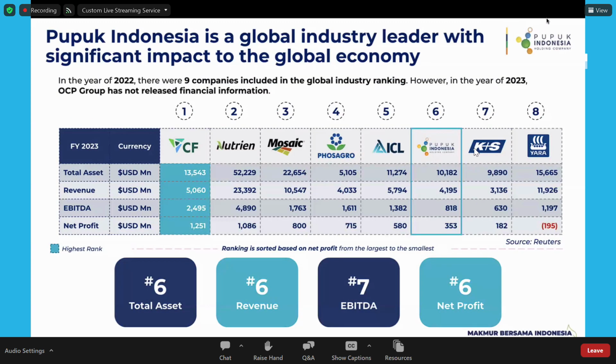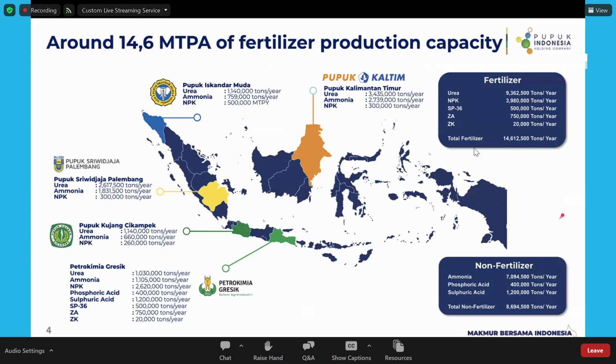A little bit of background. Pupuk Indonesia is a global industry leader in the fertilizer industry. We sit in 6th position for total asset, revenue, and net profit in the last financial year, 2023, compared to our peers in the same industry. In total, our production capacity for fertilizer products is around 14.6 million tons per year.